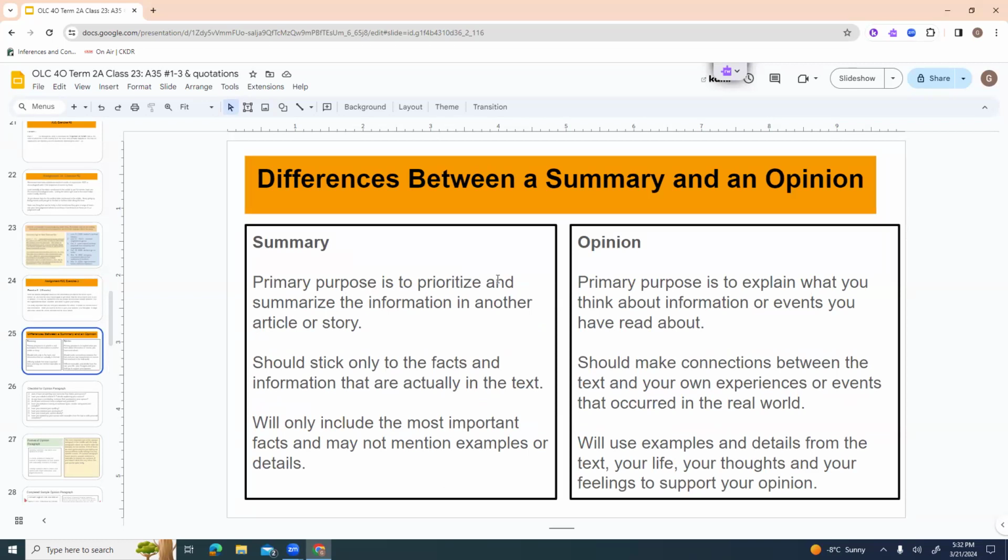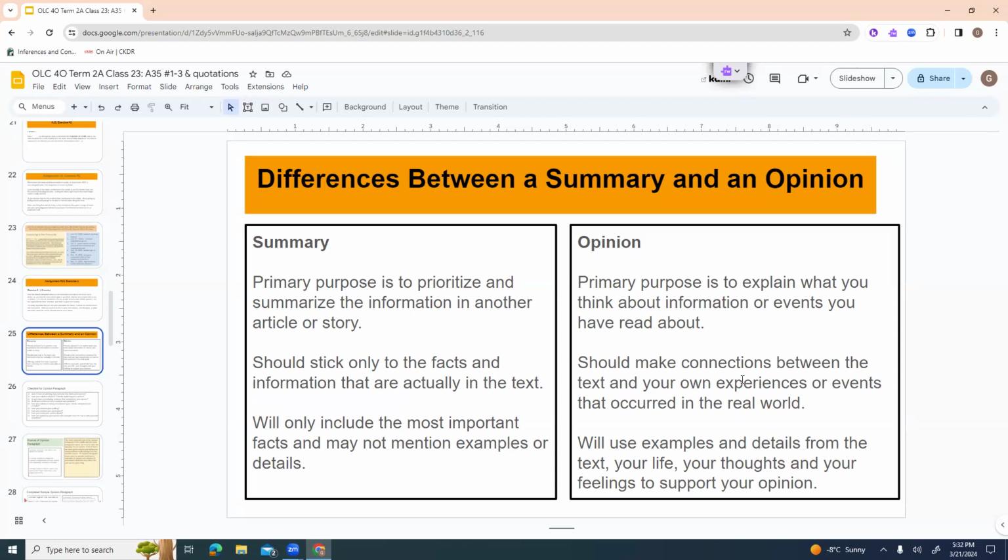So here's the difference. A summary's primary purpose is to prioritize and summarize the information in another article or story, which we basically just did. Now we're asking you to explain what you think about that information or the events that you've read about. A summary should stick only to the facts and the information that are actually right there in the text.